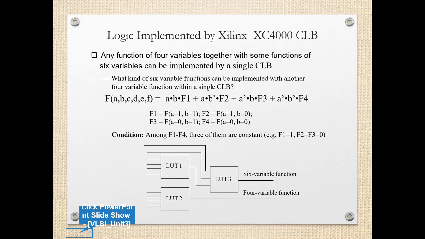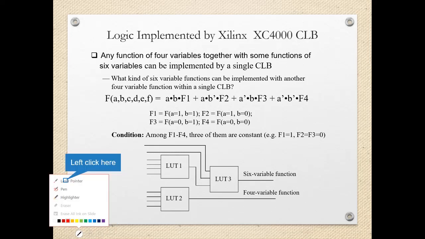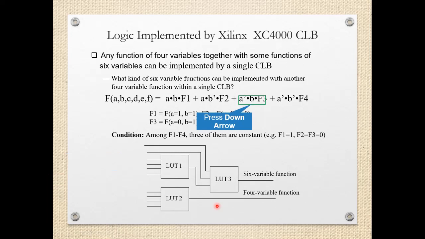For LUT1 and 3, 2 variables are remaining, so those we can apply to this. The first and second, these two are applied to this LUT3.